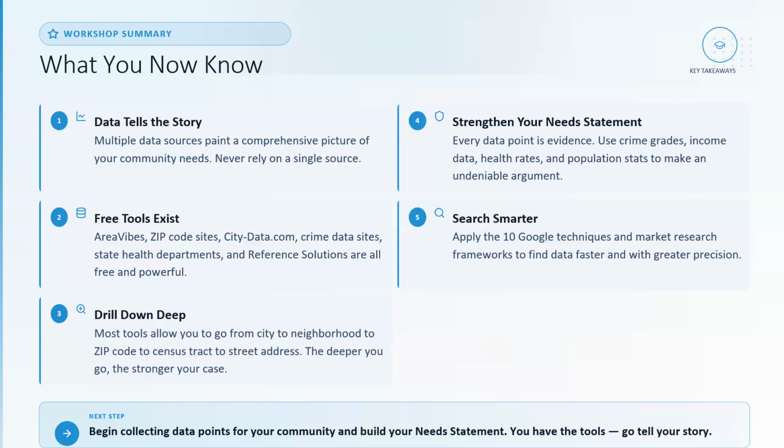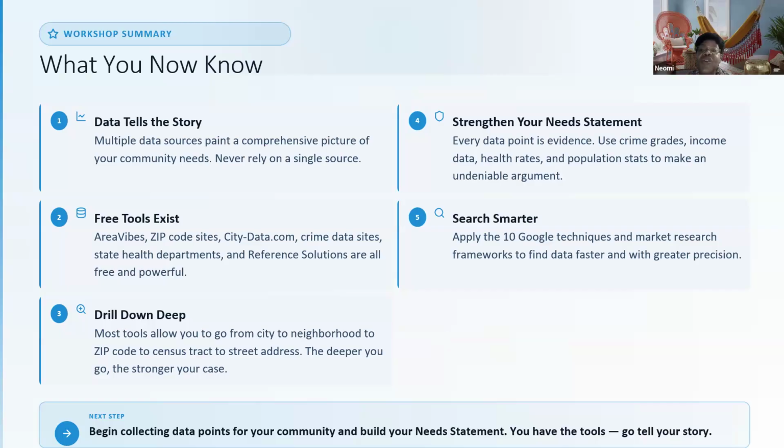Strengthen your need statement. Each data point is evidence. Use crime grades, income data, health rates, and population stats to make an undeniable argument.